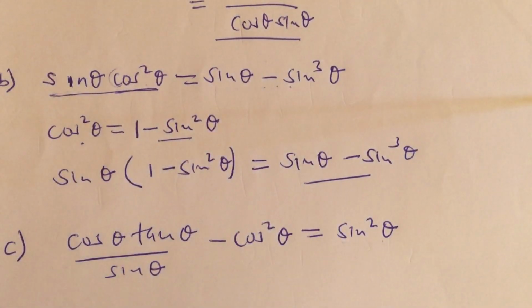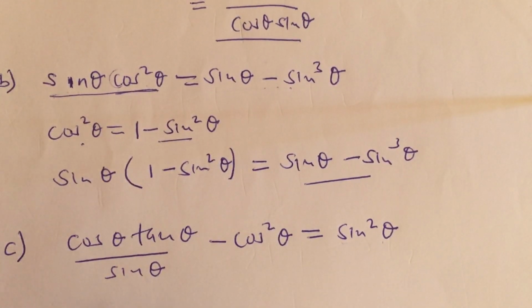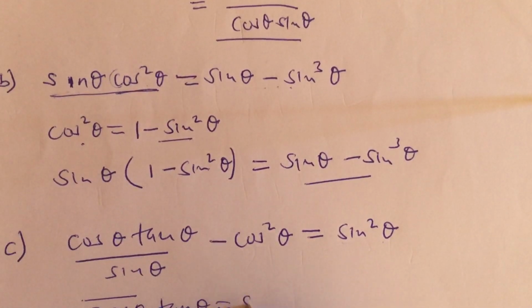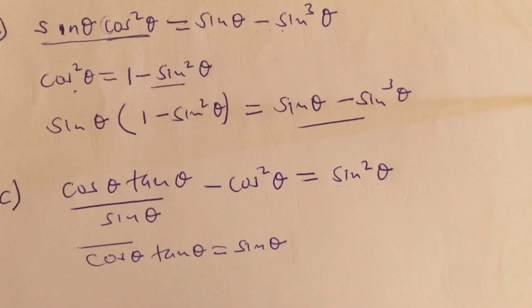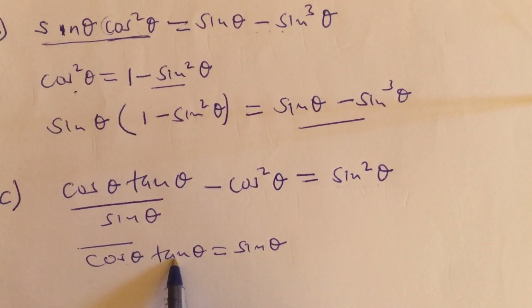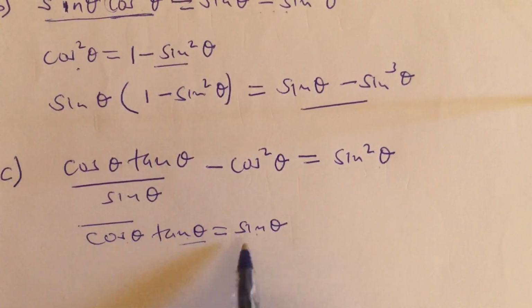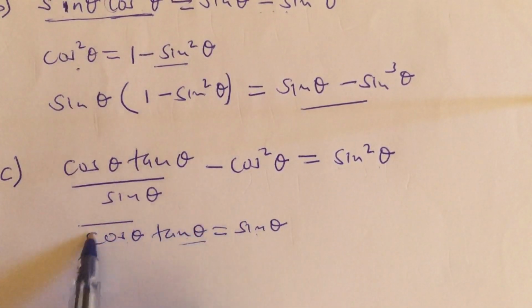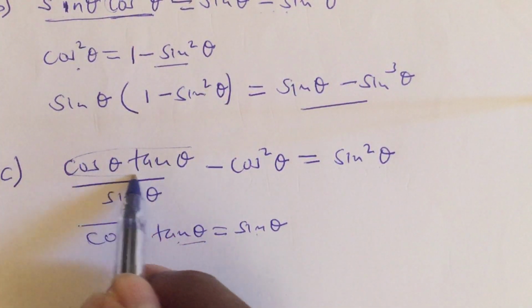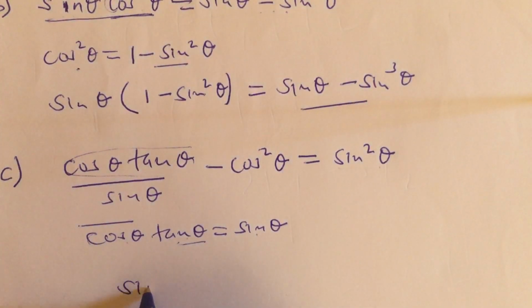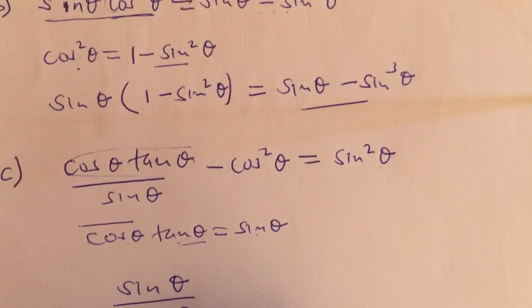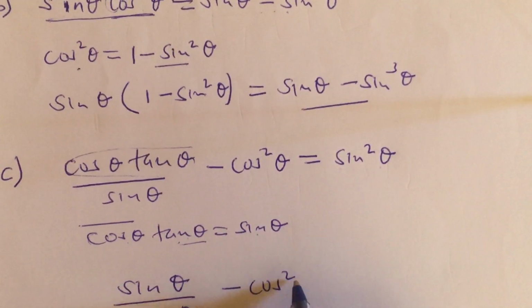Now, from the above identity, if you recall, we said that cos theta multiplied by tan theta is indeed sine theta. Therefore, I can replace cos theta tan theta with sine theta, all over sine theta, then minus cos squared theta.